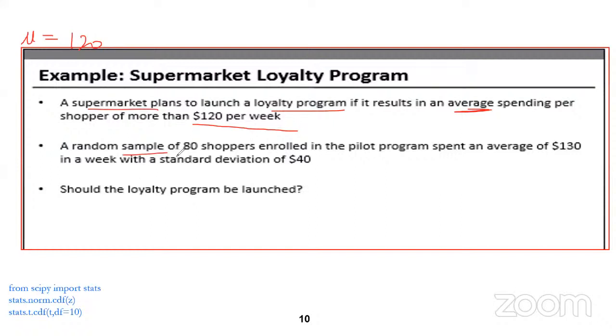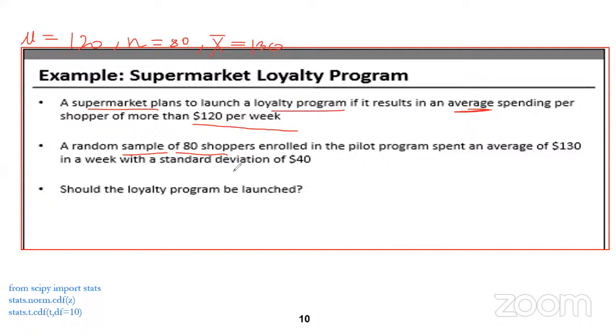Then a random sample of 80 shoppers have been considered. So here we have the sample size, which is equal to n, 80. Now for those 80 samples, a pilot program spent an average of $130 in a week. So this $130 is for this sample. So I'll consider it to be the sample mean, sample average, which is equal to $130.